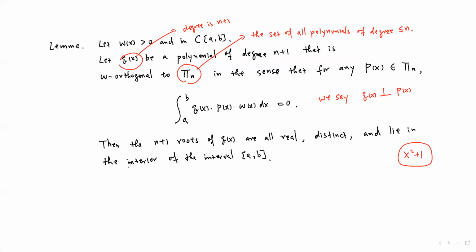That means all the roots are in this open interval, greater than A, less than B.